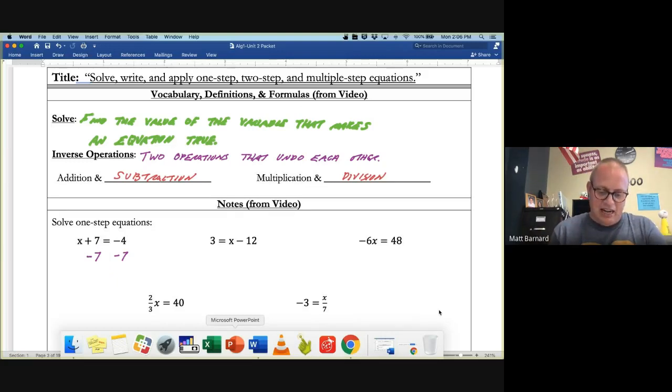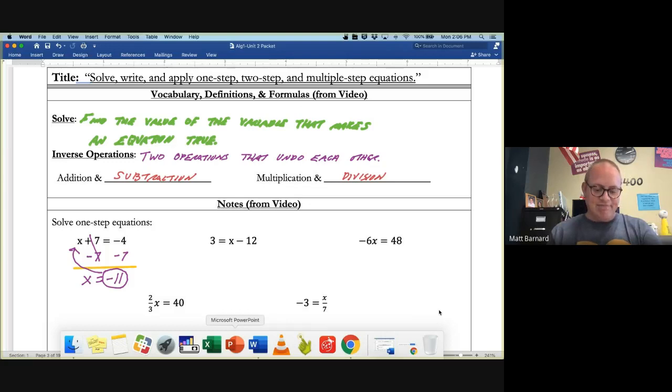Now, I like to put a line underneath here because it shows what I'm about to do next. So a positive 7 and a negative 7, those undo each other. So I'm left with x equals, and negative 4 minus 7 is negative 11. Now, if I put negative 11 back in for x in the original, do I get a true statement?